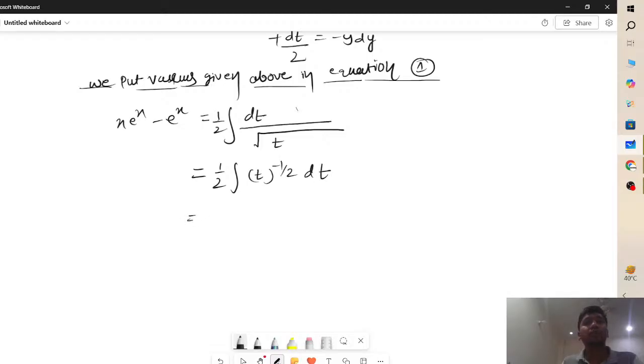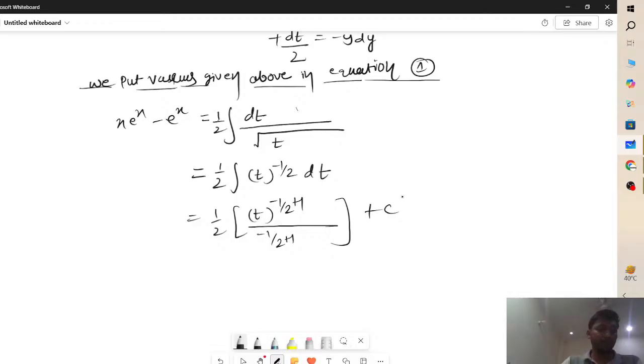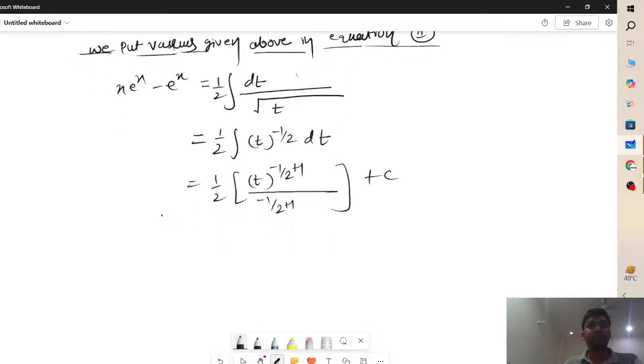Now integrating, we get half of t raised to the power minus 1 by 2 plus 1, divided by minus 1 by 2 plus 1, plus c, where c is our integration constant, which further can be written as 1 by 2 t raised to the power 1 by 2 divided by 1 by 2, plus c.